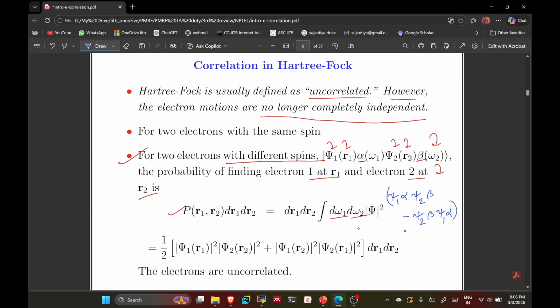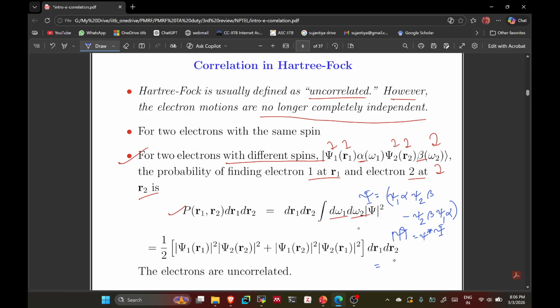Now if you take the psi mod square, the psi mod square is basically psi star psi, so this is your total psi star psi. Now you have to take this. There will be four terms because there are two terms here, so if you take the multiplication you will get four terms.